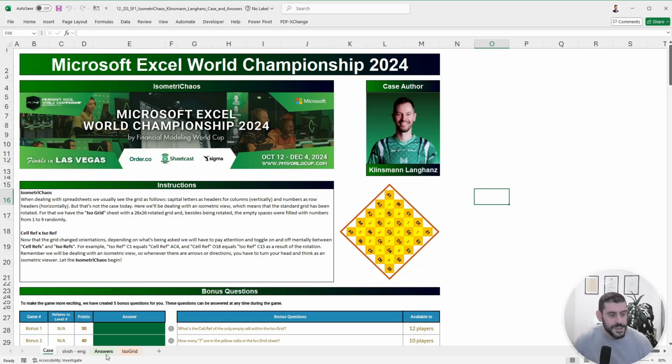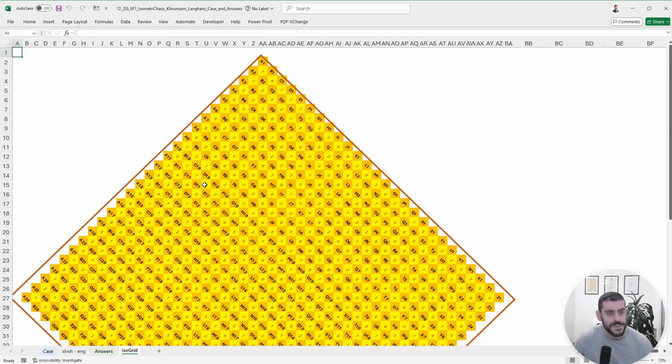As you can see, you're provided with this grid which rotates the whole thing by 45 degrees, centers everything in column AA, and basically if you rotate your head like this, it should make sense. So you go from A1 to Z1, which is row 1, which in reality goes below in the rows.